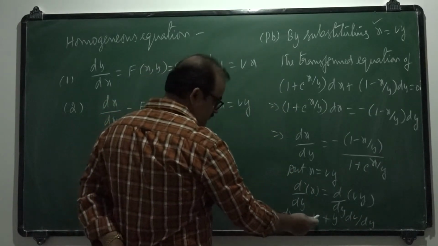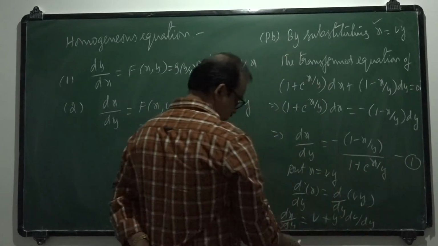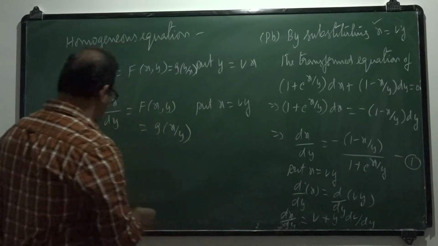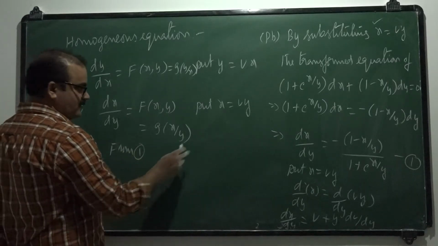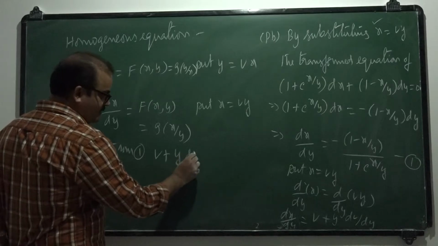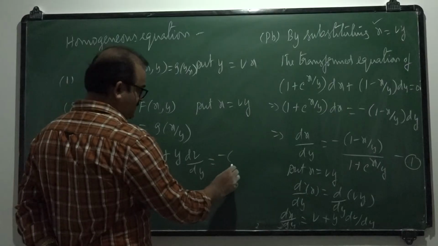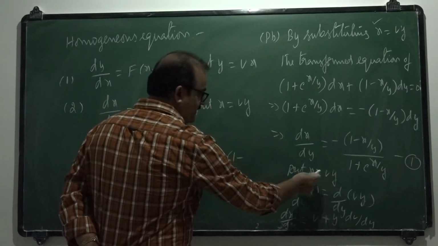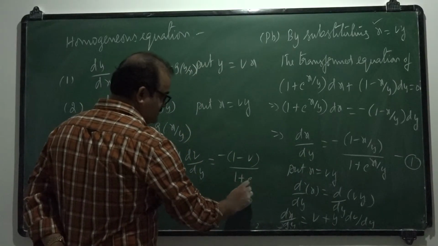So dx by dy is v plus y into dv by dy. Let it be equation 1. You substitute the dx by dy value here. From equation 1, v plus y into dv by dy is equal to minus of (1 minus v) by (1 plus e power v), since x by y is equal to v.